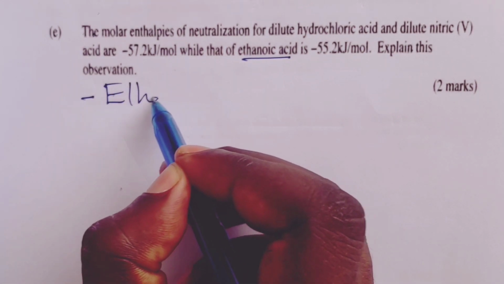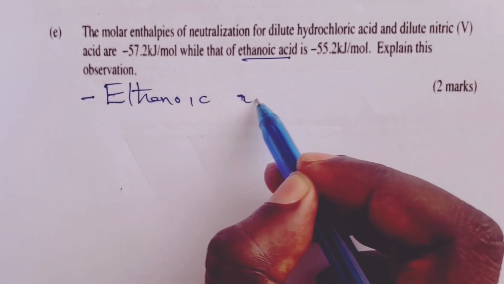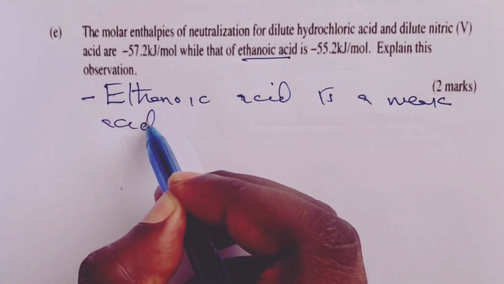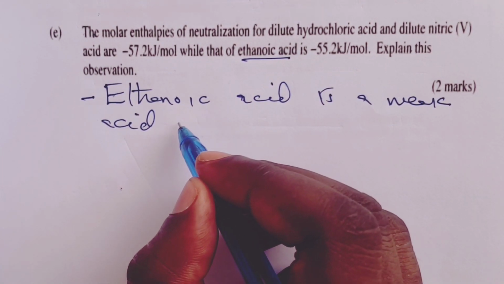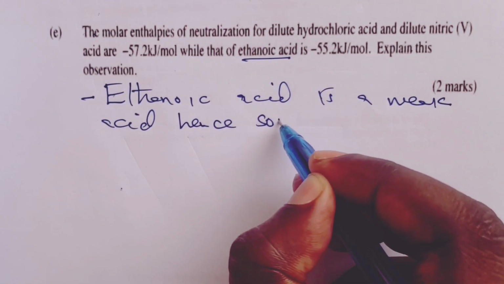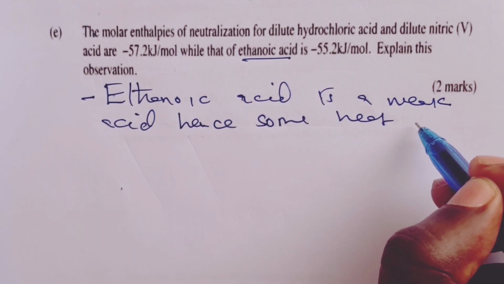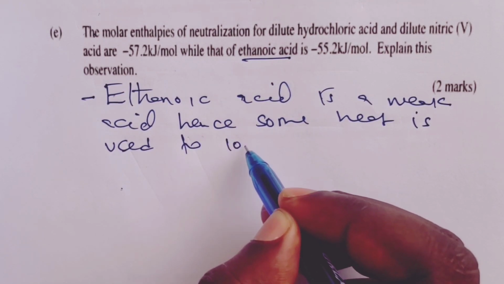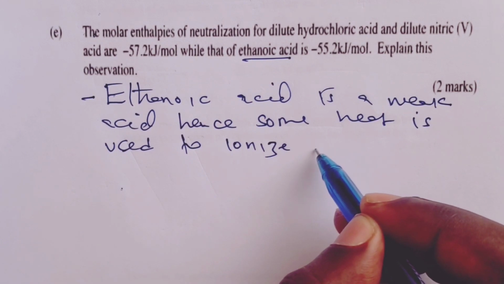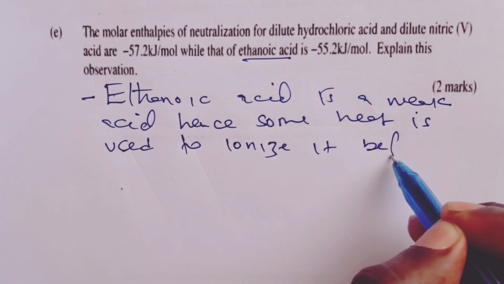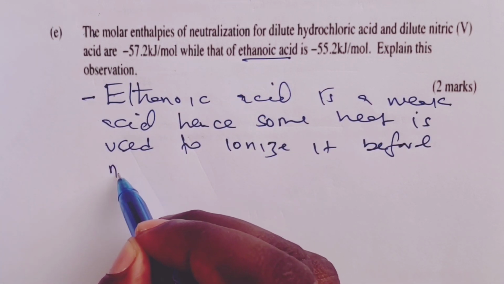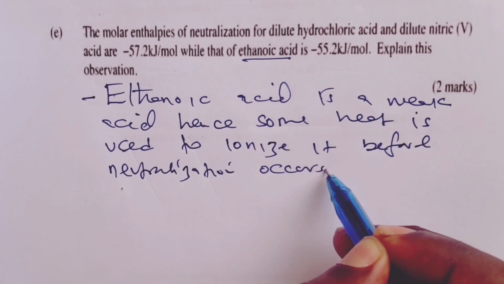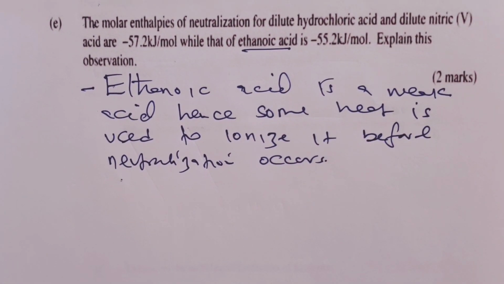So we know that ethanoic acid is a weak acid. So being weak, some heat of neutralization is used to ionize our weak acid before neutralization can take place. That's why its heat of neutralization is lower.